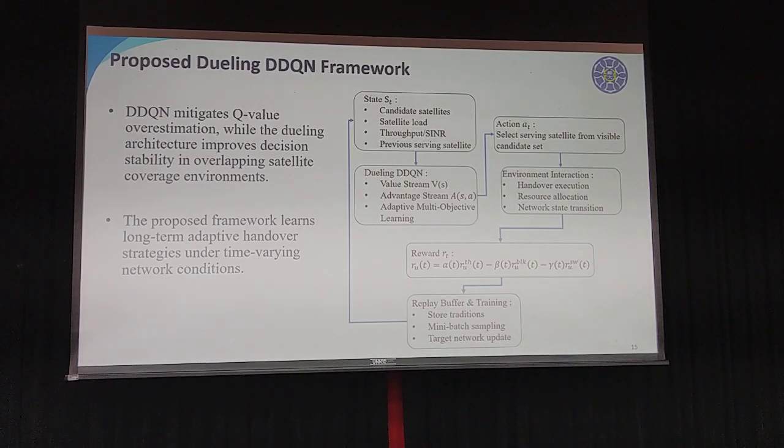Compared with conventional DDQN, it reduces Q-value overestimation. Meanwhile, the dueling architecture improves decision stability, especially in overlapping satellite coverage environments where several satellites may have similar utility values. As a result, the proposed framework can learn more stable and effective handover strategies.